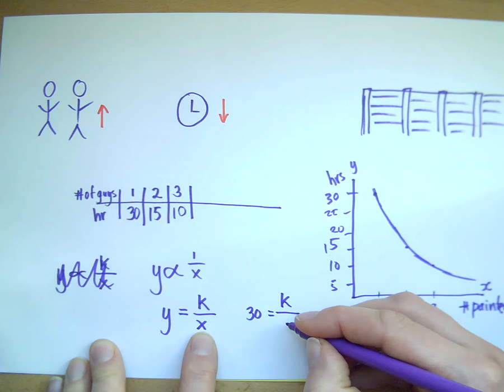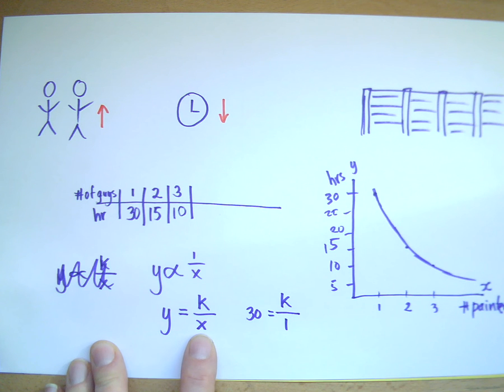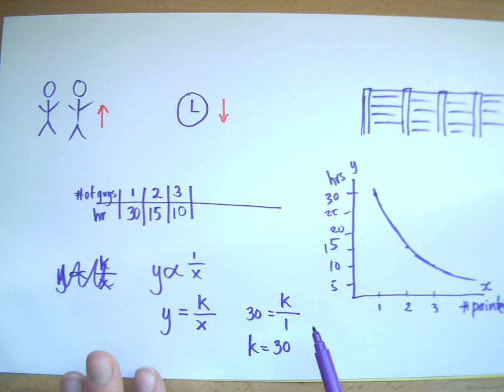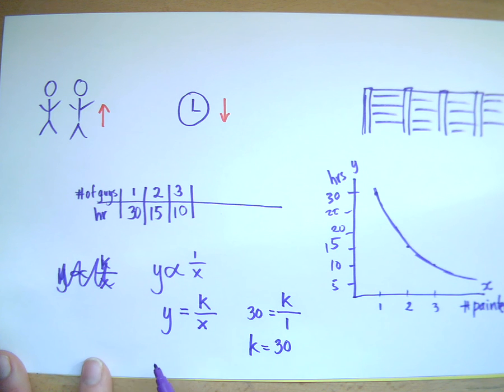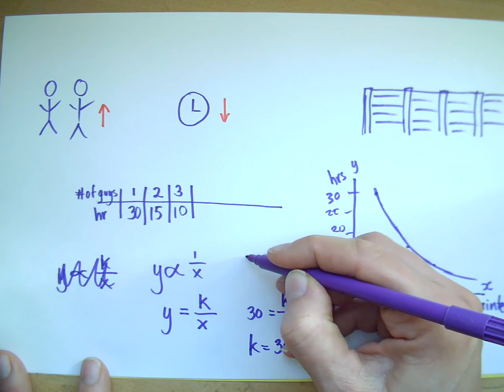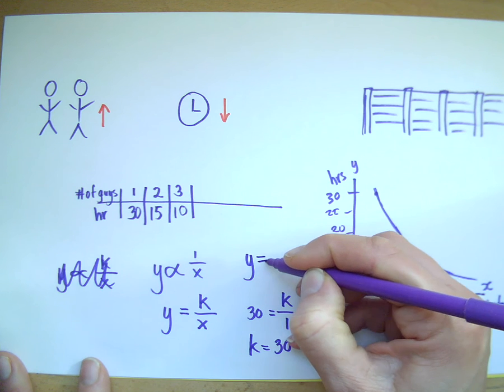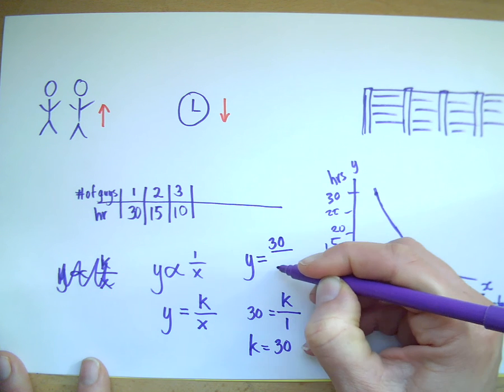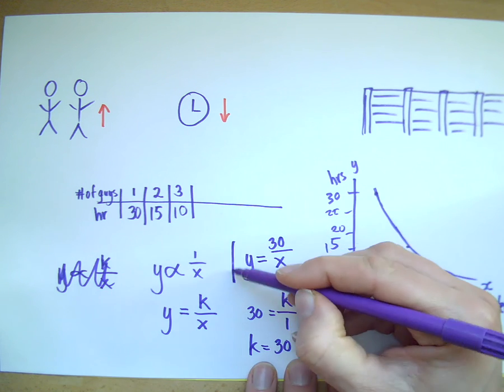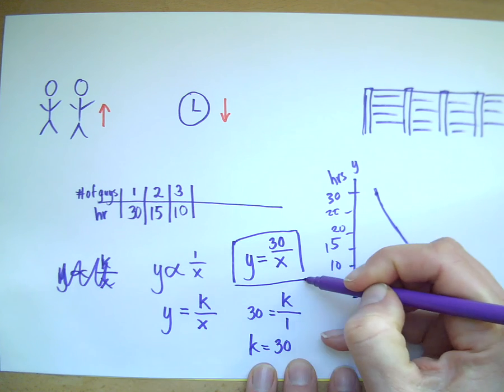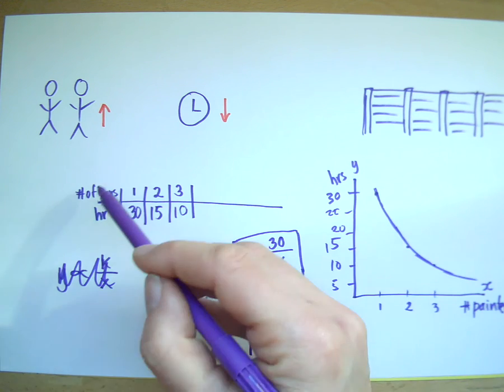X is the number of guys, which is 1. Solving for k, k equals 30, obviously. So now we have our equation, and I'm just working up and down. Sorry. This is the equation that describes this relationship.